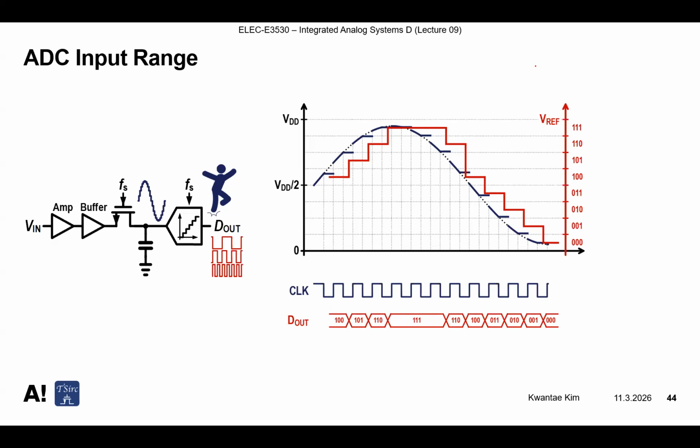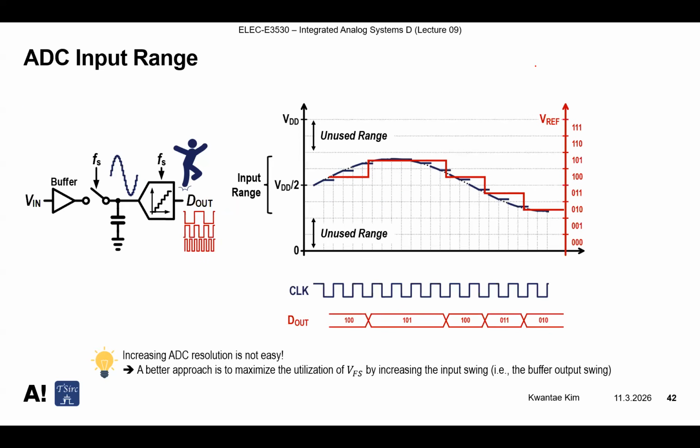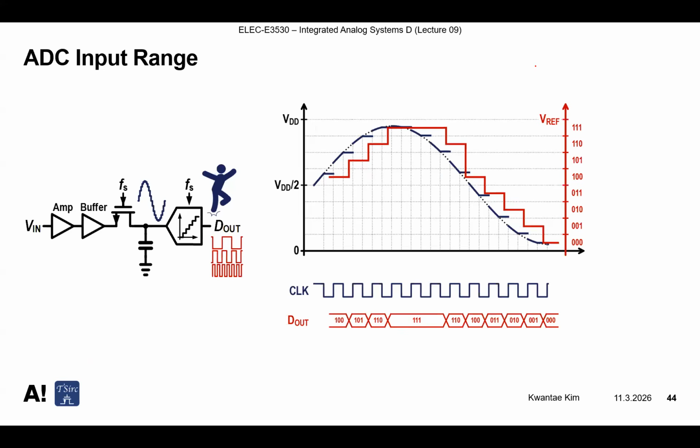So for example, let's say we are designing wireless communication circuits. Then for the receiver side, we can put a low noise amplifier at the front end, and we put a buffer, and we put a sampling switch, and we put a quantizer to build the ADC. So in this way, if we put the amplifier, then we can maximize the input swing like this, from low input swing to large input swing, right?